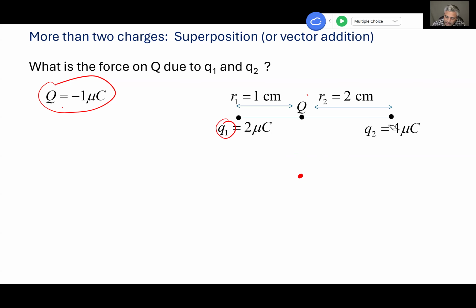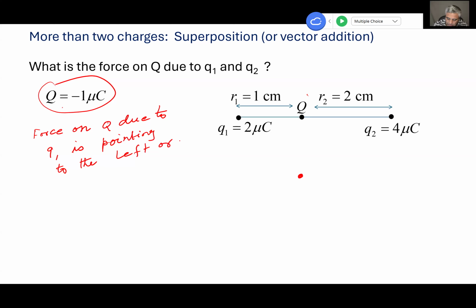Or maybe I can make a clicker question. So you think about it, I'll make a clicker question. The force on Q due to Q1 is pointing to the left or right.